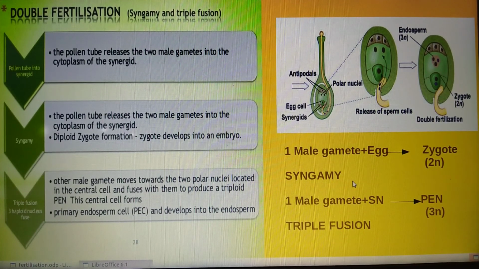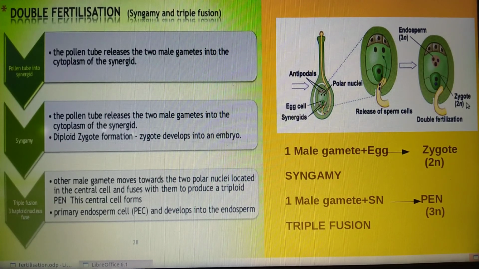So, in angiosperms, during fertilization, two fusions are there, syngamy and triple fusion. Hence, the process we call double fertilization. So, what is the product of double fertilization? A diploid zygote and a triploid primary endosperm nucleus.